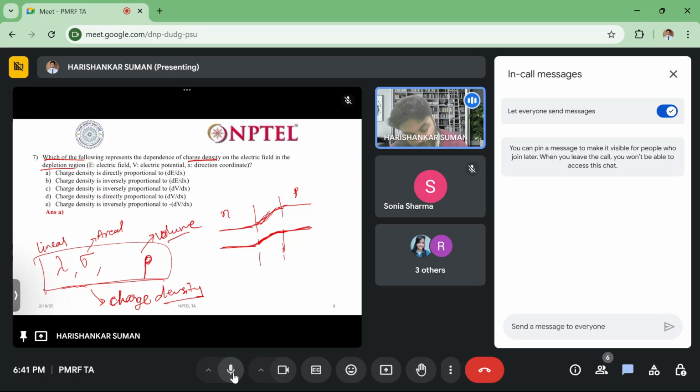So this is the formula. Charge density is directly proportional to the change in electric field with the distance. Okay.